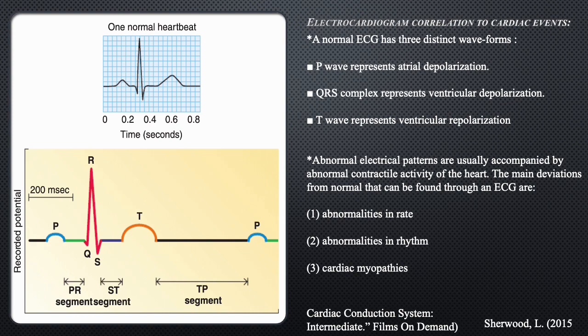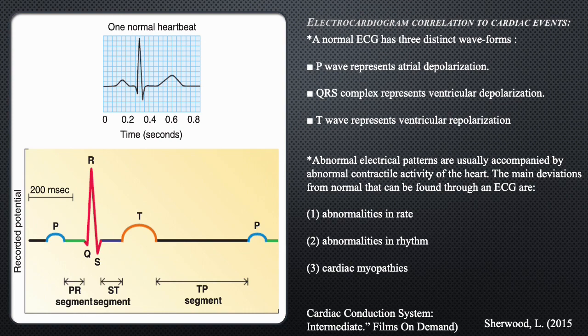Second, when the ventricles are completely depolarized and the cardiac contractile cells are undergoing the plateau phase of their action potential before they repolarize, this is represented by the ST segment. This segment lies between the QRS complex and the T wave. It coincides with the time during which ventricular activation is complete and the ventricles are contracting and emptying their blood.